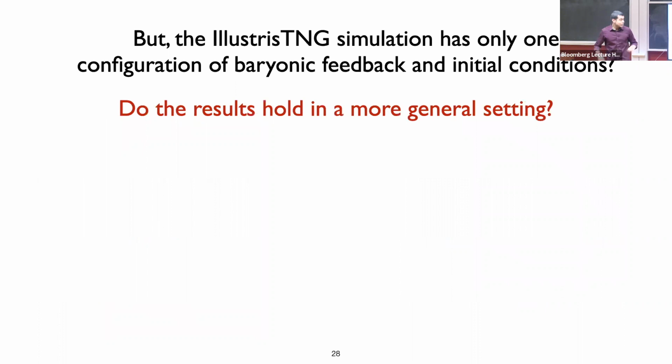One caveat for the previous study was that the simulation we used has one particular configuration of baryonic feedback and initial conditions, and we were trying to see whether this can hold in a more general setting.